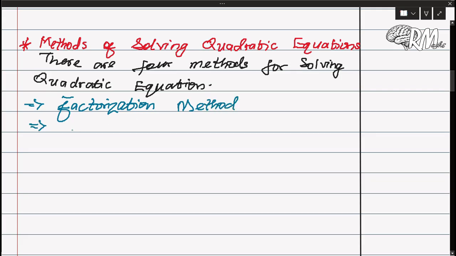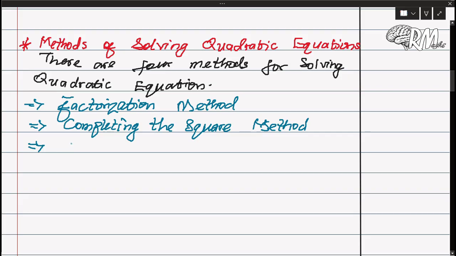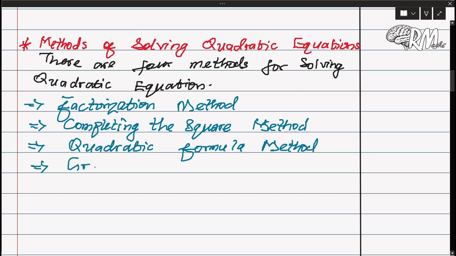Then we also have completing the square method. We also have quadratic formula method, and finally we have graphical method.